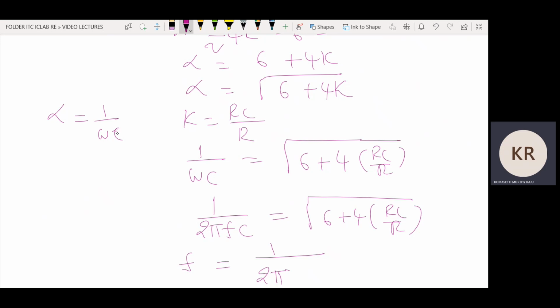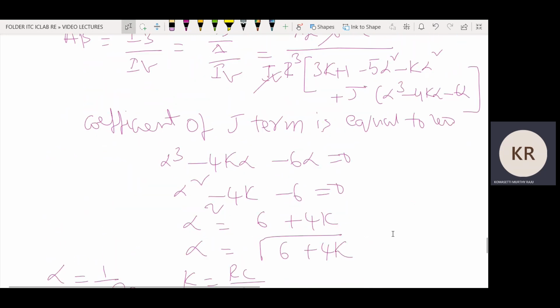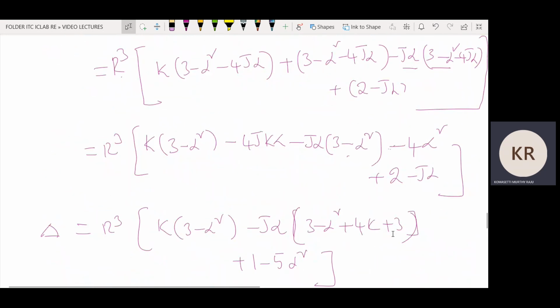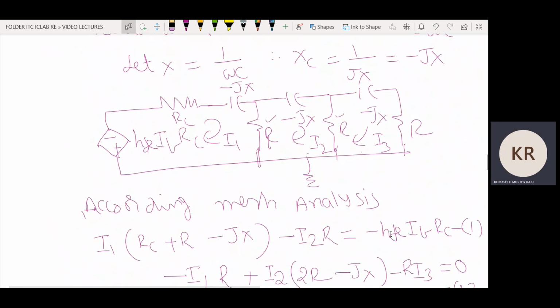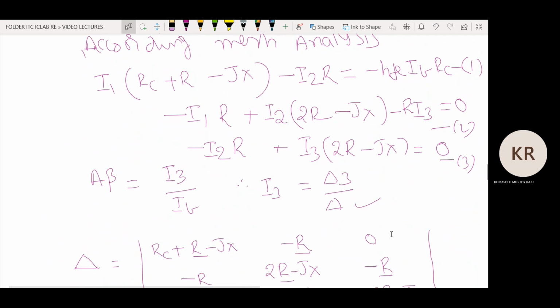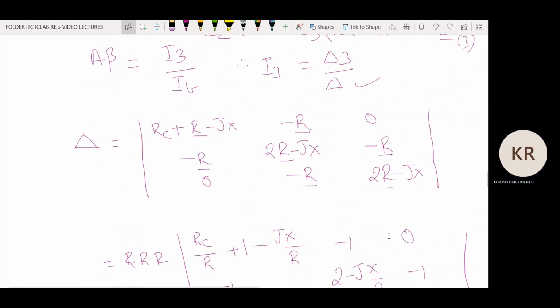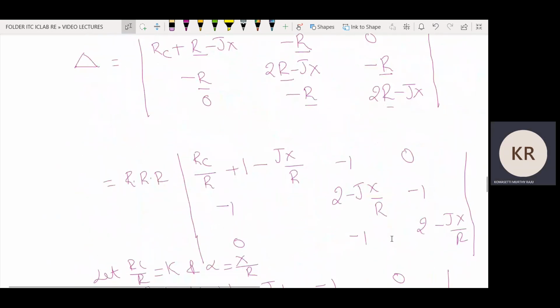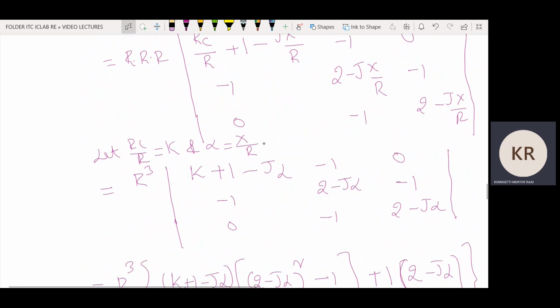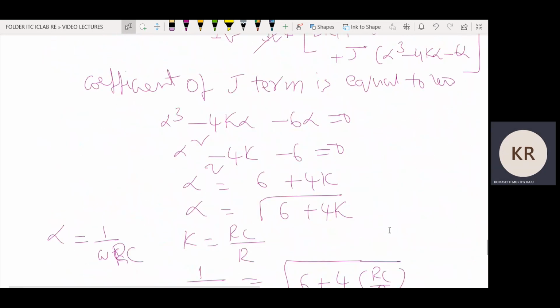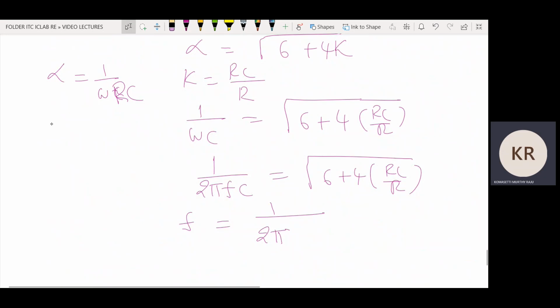Alpha is equal to 1 by omega RC. Here in the first term, alpha is equal to x by r, where x is equal to 1 by omega c.